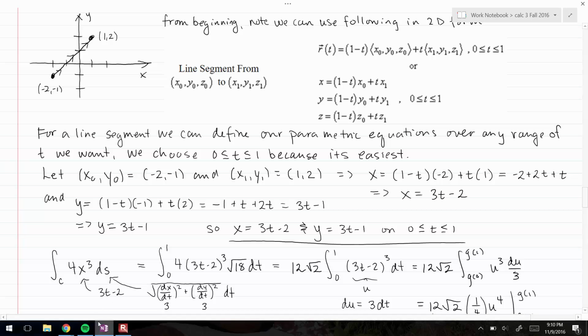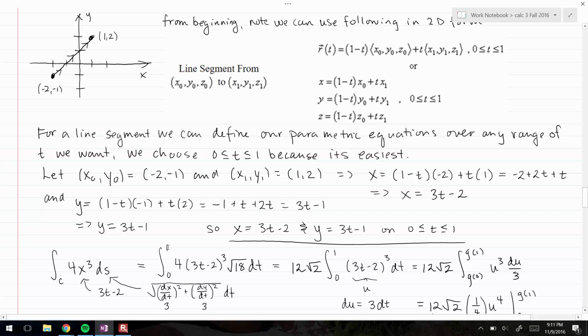For x, we plug in 3t minus 2. For ds, we do this conversion with dx over dt, the derivative of x with respect to t, and the derivative of y with respect to t. Do that calculation and you get the square root of 18.